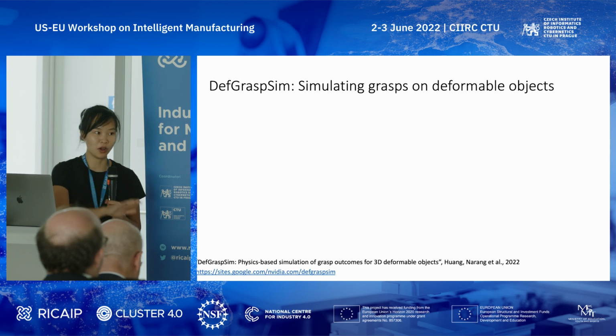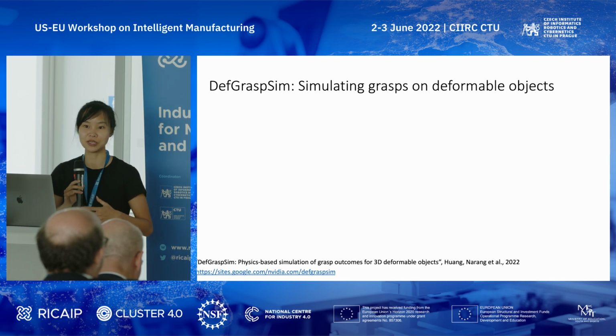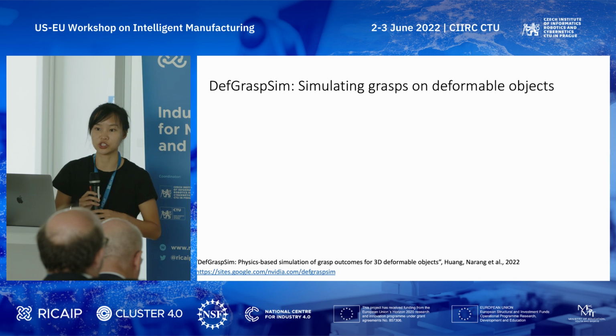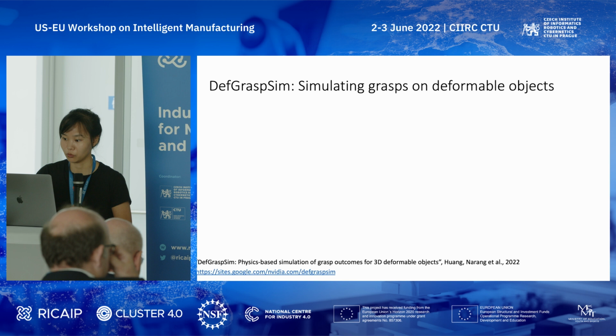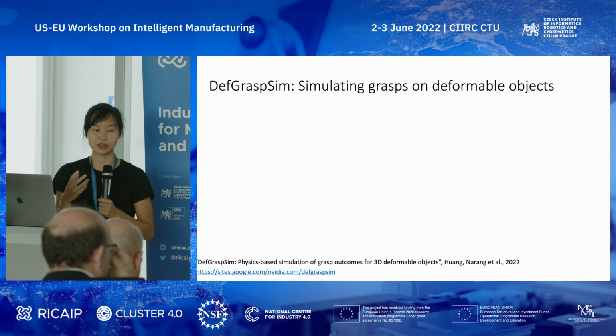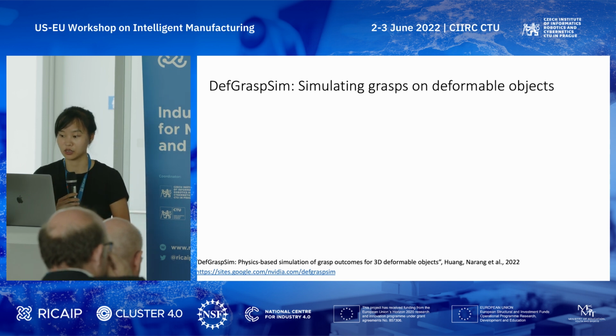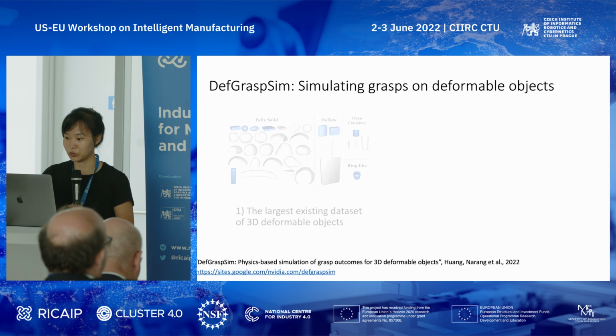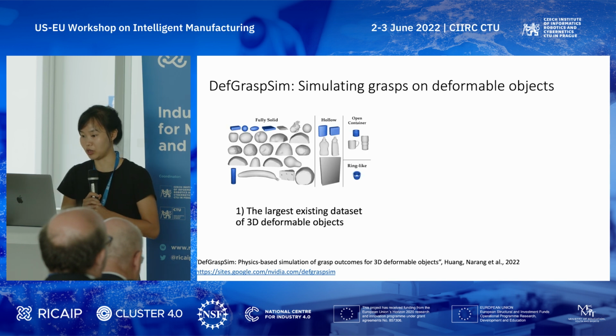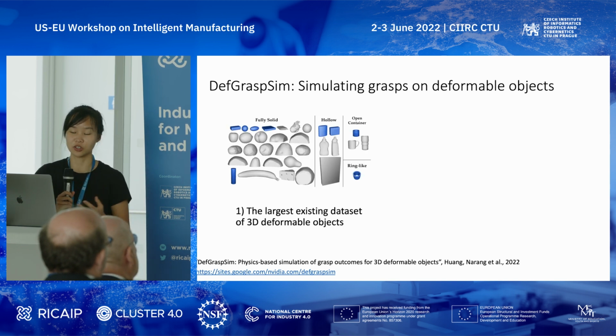So to respond to how useful simulation can be for grasp planning, we present a work called DefGrasp Sim, which enables automatic and systematic evaluation of grasp outcomes for grasps on general 3D deformable objects. And we contribute two key things. First, we release a new data set of 3D deformable objects, which is actually the largest in existence at only 34 objects.